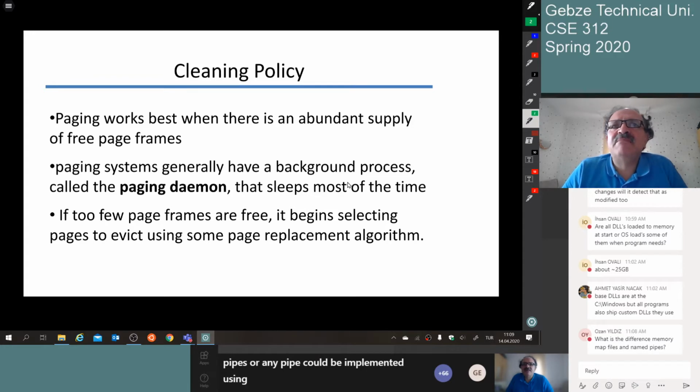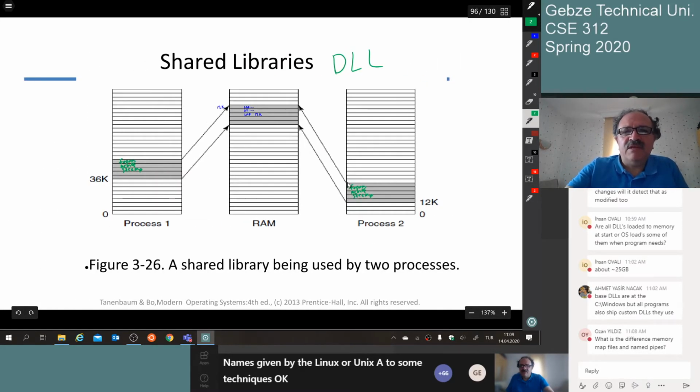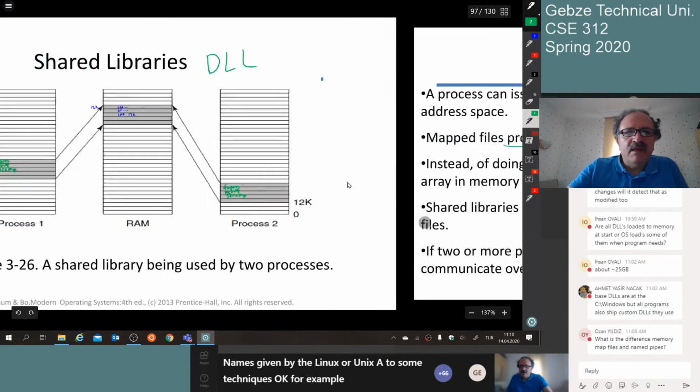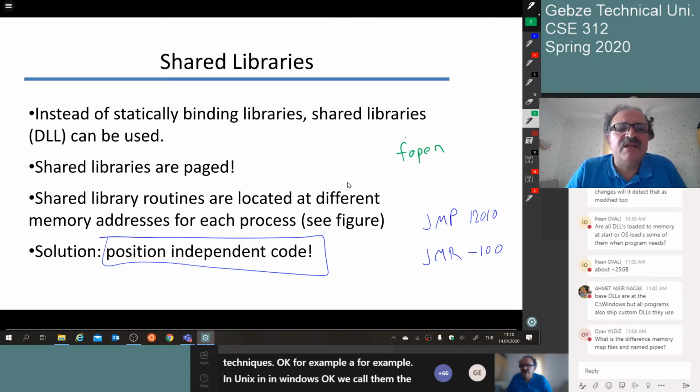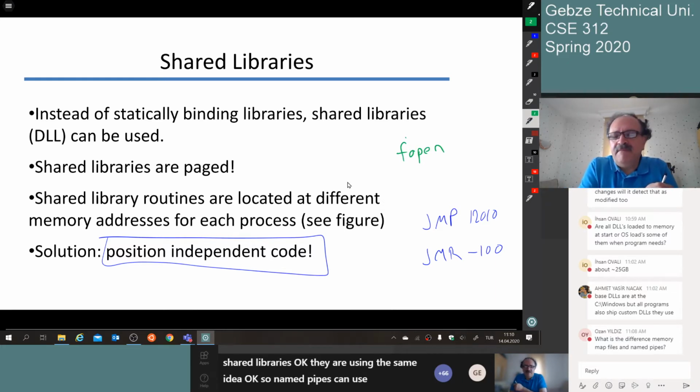These are specific names given by Linux or Unix to some techniques. For example, in Windows we call them DLLs. In the Unix environment, we call them shared libraries. They are using the same idea. So named pipes can be implemented using the memory mapped files.